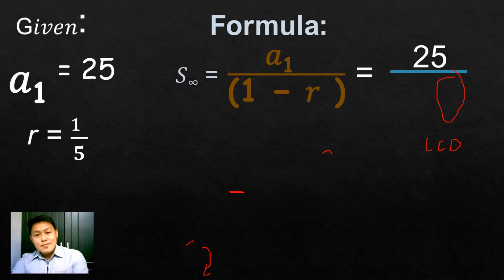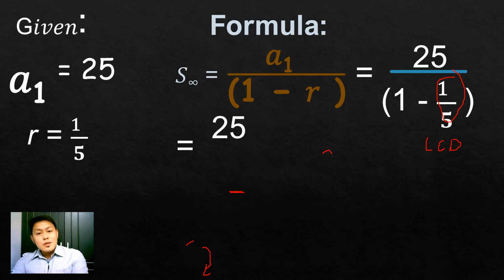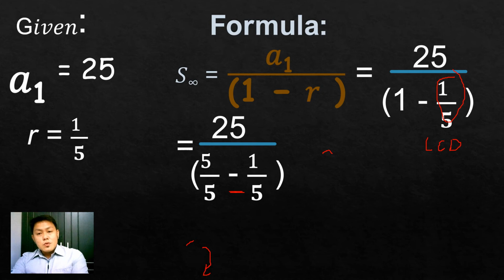Substituting the given, we have the first term 25 divided by 1, where 1 is constant, minus r, the common ratio 1 over 5. Then simplifying, we have 25 over, so 1, we write 1 as 5 over 5 since our subtrahend is 1/5, so we choose the common denominator 5.